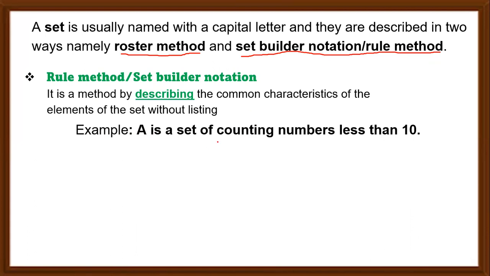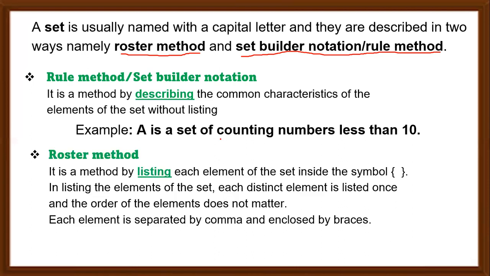Ano-ano ba yung mga counting numbers natin? Di ba meron tayo 1, 2, 3, 4, 5, 6, 7, 8, 9. Kasi sabi less than 10, mas maliit sa 10. So, dyan pa lang, alam mo na yung tinutukoy niya na mga counting numbers less than 10.